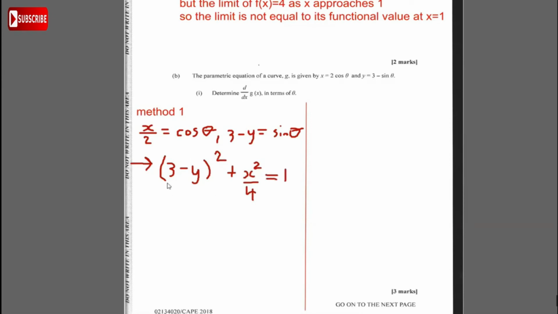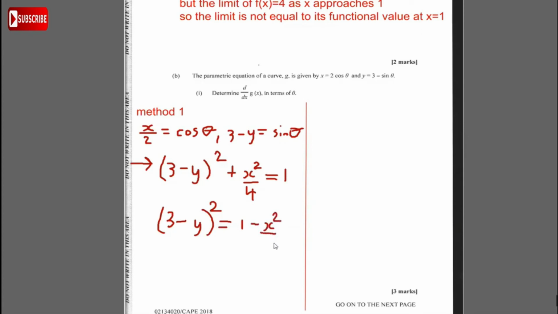First thing you can do is bring over this to get 3 minus y all square is equal to 1 minus x square over 4.